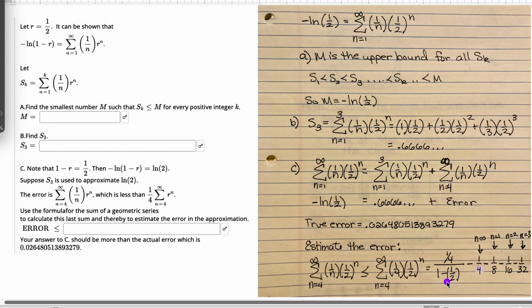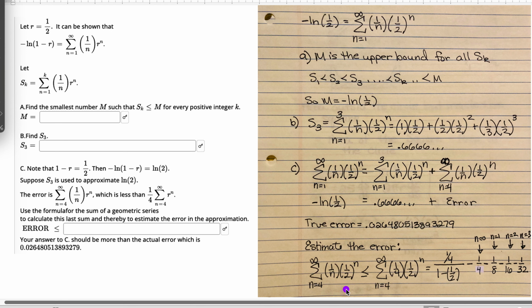But this is for the full convergence from 0 to infinity, and this is going from 4 to infinity. So once we figure out what this is, we're just going to subtract off those first 4 terms of n equals 0, 1, 2, and 3. When we subtract all of that off, we'll get our estimate for the actual error.